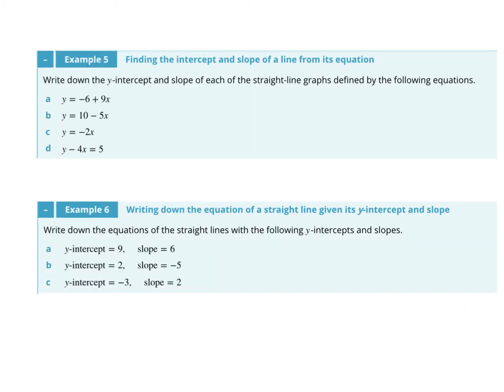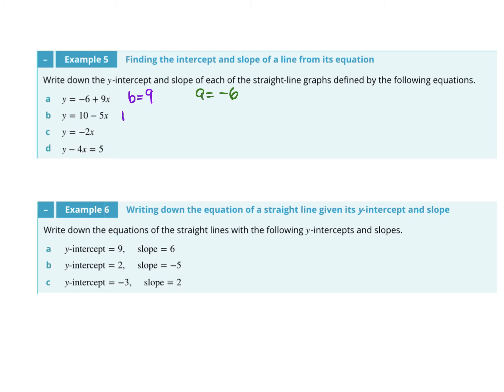It says write down the intercept and the slope of each of these straight lines defined by the equation. We're making sure that you understand which one's the gradient, the b value, and which one's the a value. Which one is multiplying with the x? That will be the b. So it's a 9, and the a value is the number by itself, which is -6.